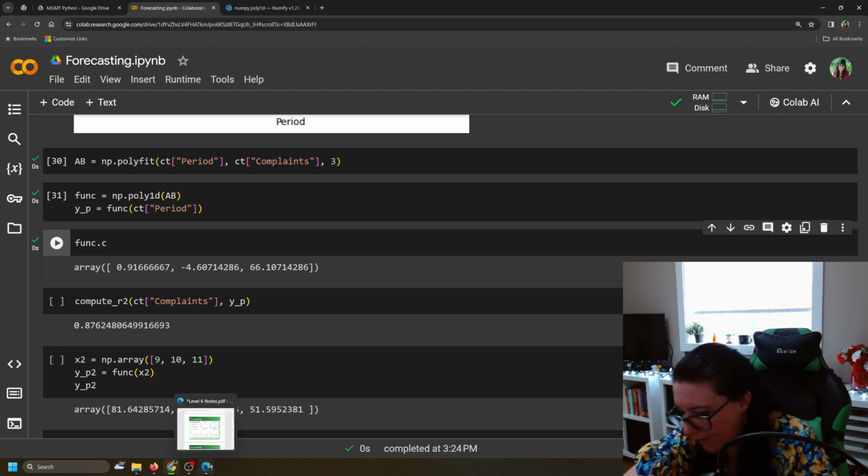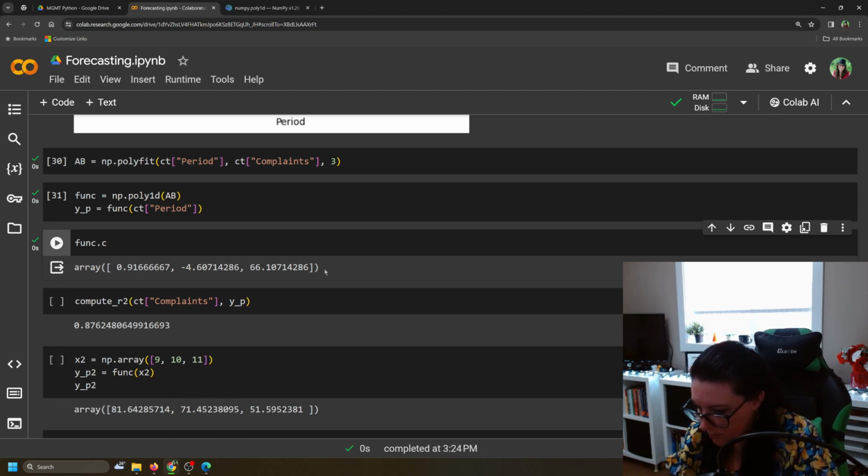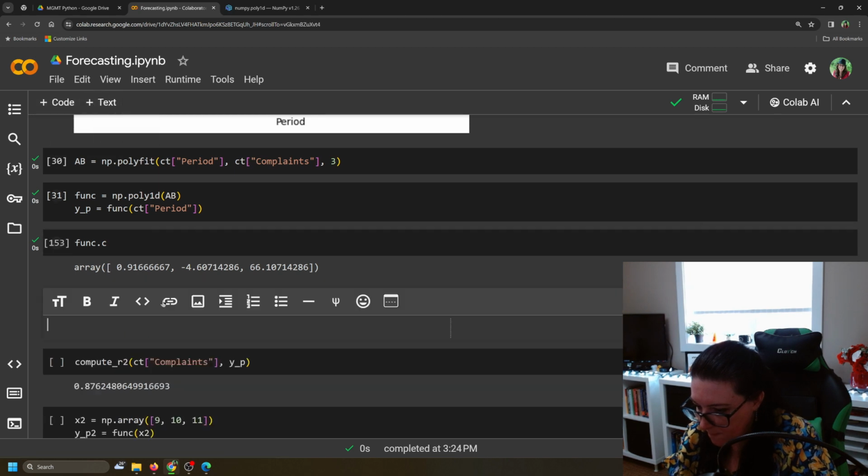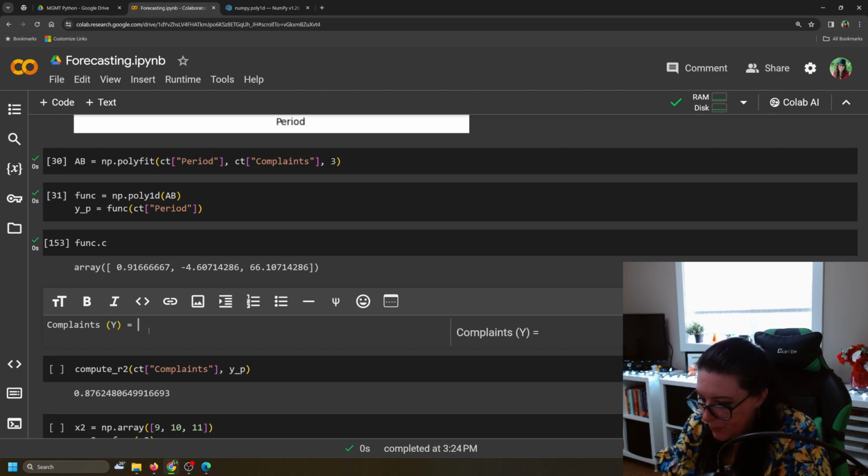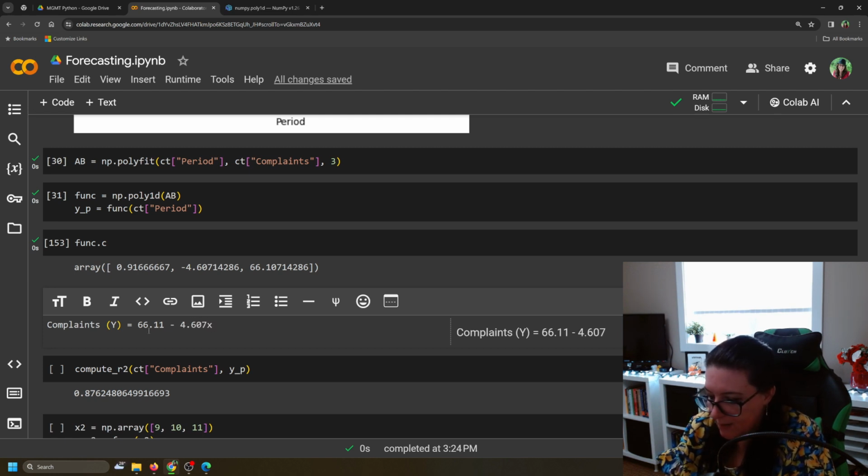So if we were to write this out, this says the number of complaints, so that's our y, is equal to 66.107 minus 4.607x plus 0.92x squared.